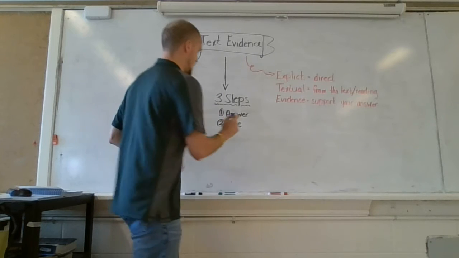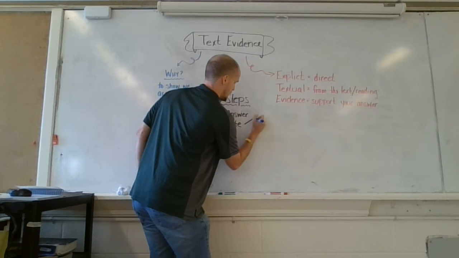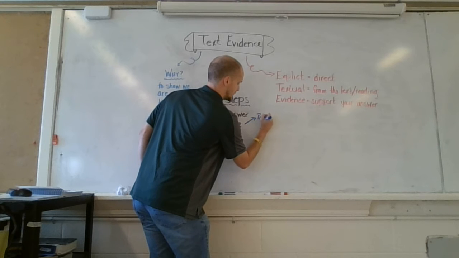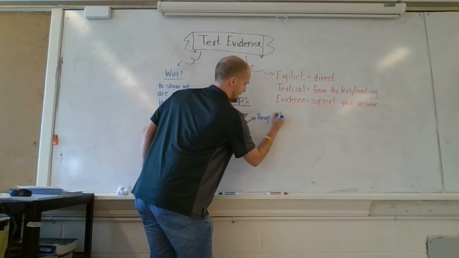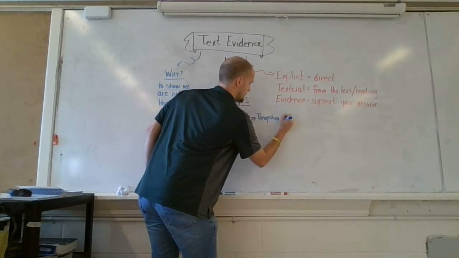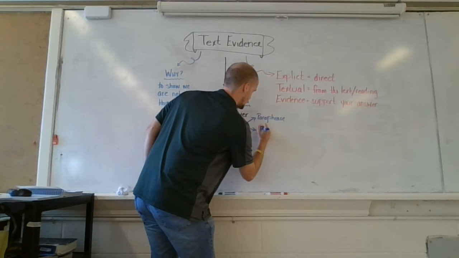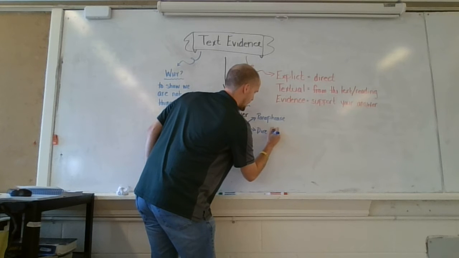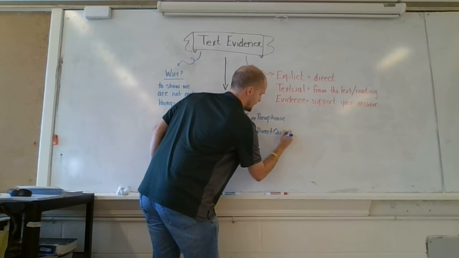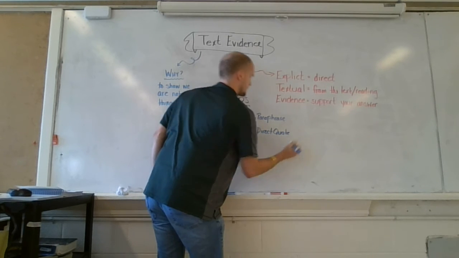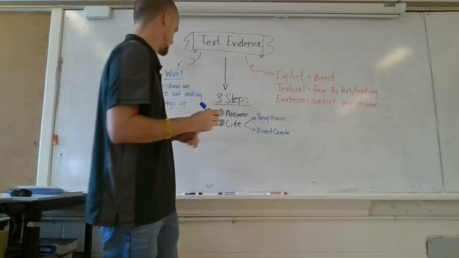There's 2 different ways to cite. We got number 1, which is to paraphrase. And you got number 2, which is to direct quote. All right, paraphrase and direct quote.